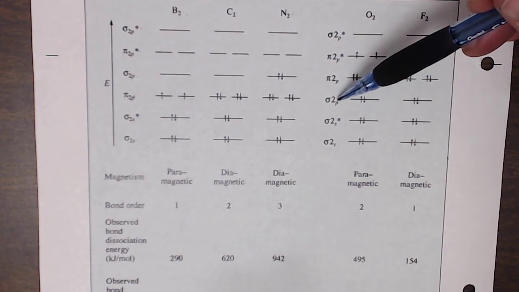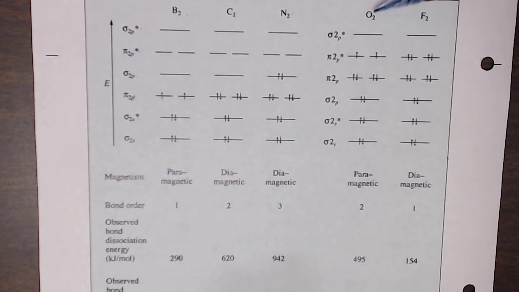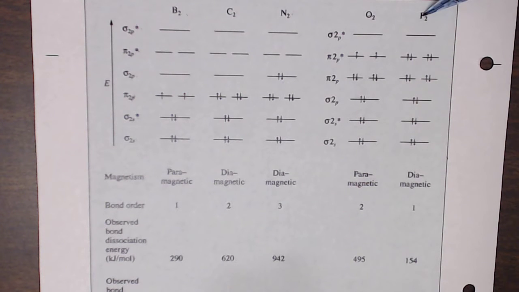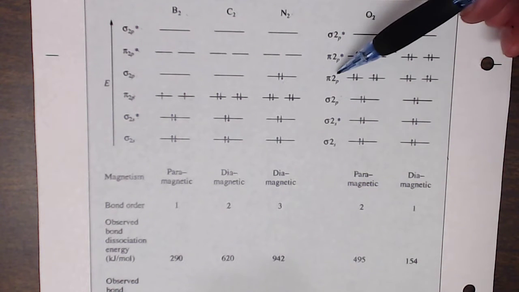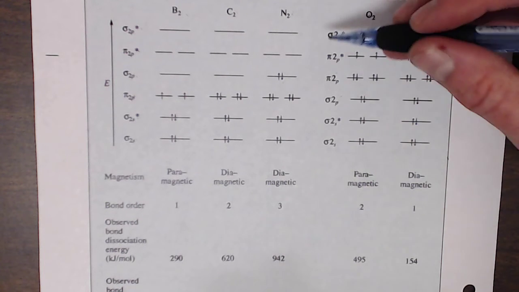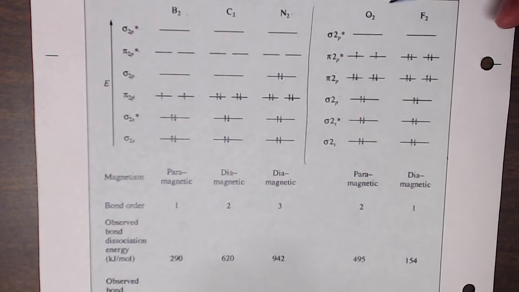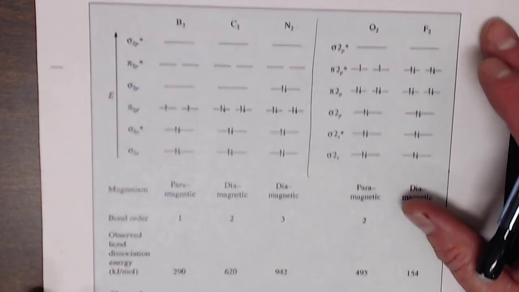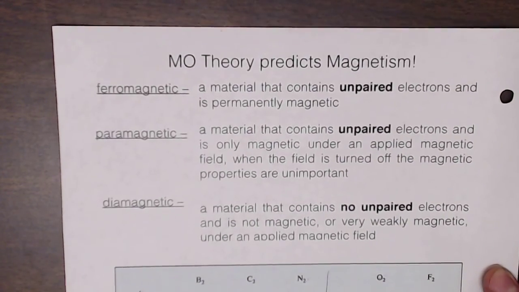But now when you go to the O2, the sigma bond becomes more stable for oxygen and also for fluorine. So sigma becomes lower than pi, okay? So I do expect you to know that the switch happens between the nitrogen molecule, the N2 molecule, and the O2 molecule. So now let's look at a few other things that are going on here and a few definitions, okay?